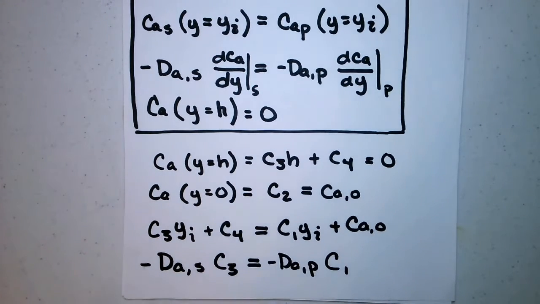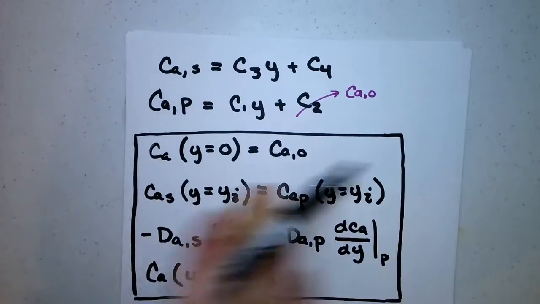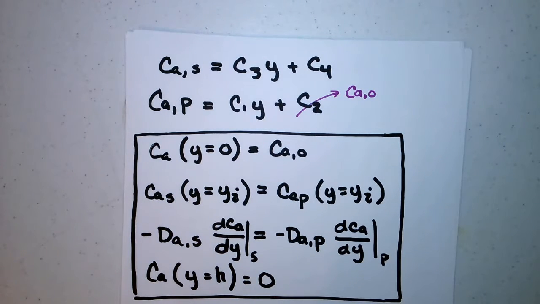All right, so we took a look at how to solve these integration constants. C1, we already did, C2, C3 and C4. And now the final thing to do is to plug those values back into the original functions that we have.